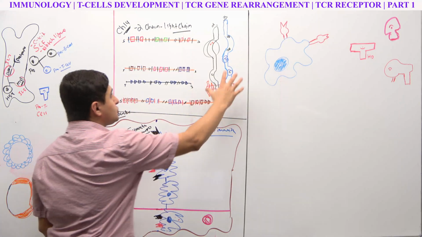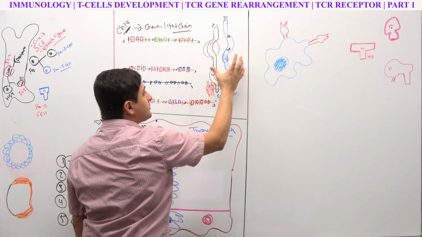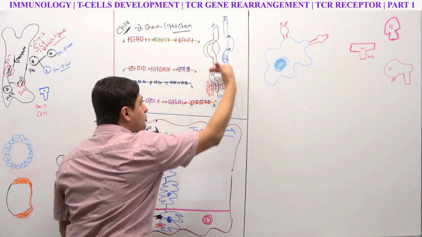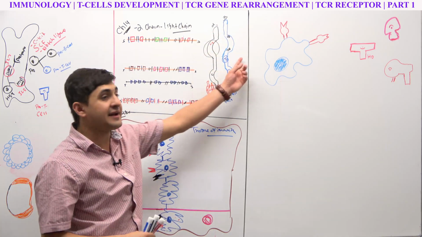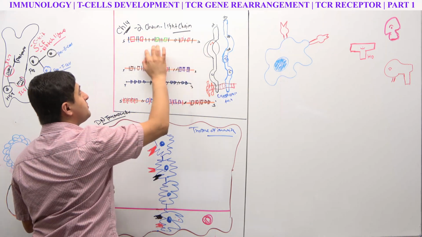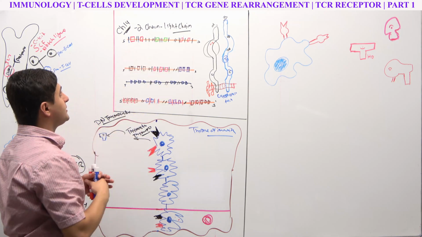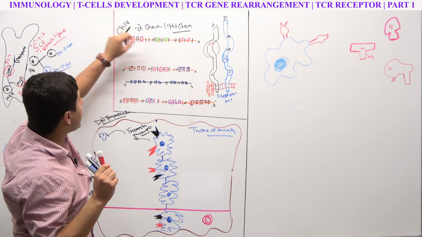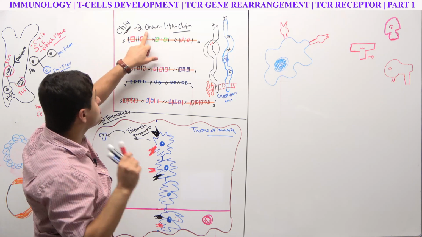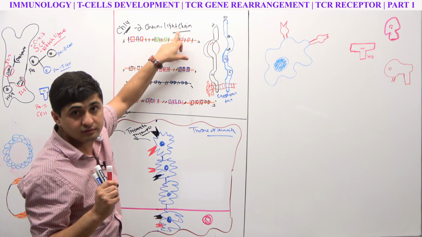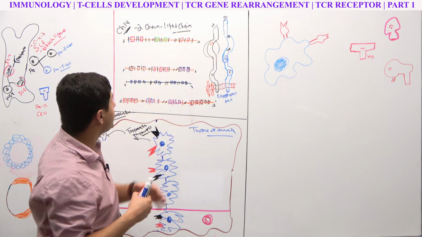So this is how your T cell receptor looks. Now we have to talk about how these T cell receptors are actually synthesized. On chromosome number 14, they have a gene, or specifically a locus, to synthesize this alpha chain, and the alpha chain is a light chain, which is smaller.